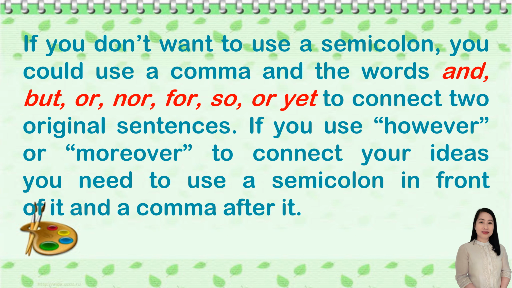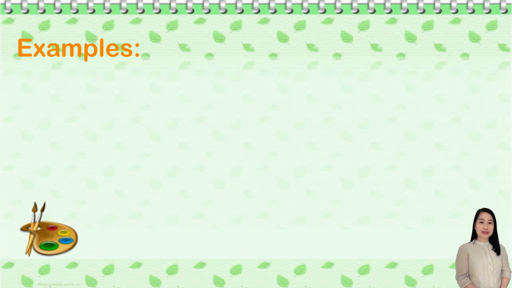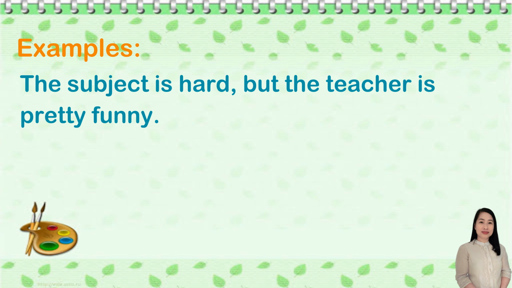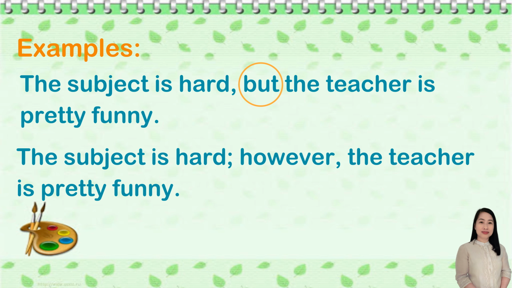If you use however or moreover to connect your ideas, you need to use a semicolon in front of it and a comma after it. Examples. The subject is hard, but the teacher is pretty funny. The subject is hard; however, the teacher is pretty funny.